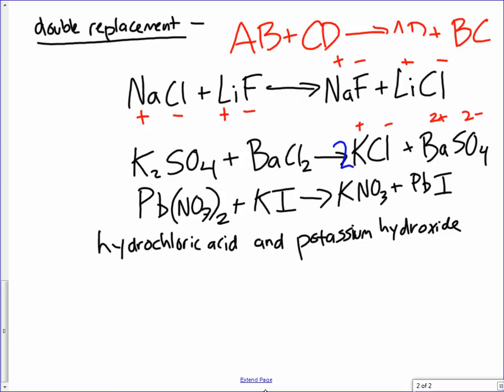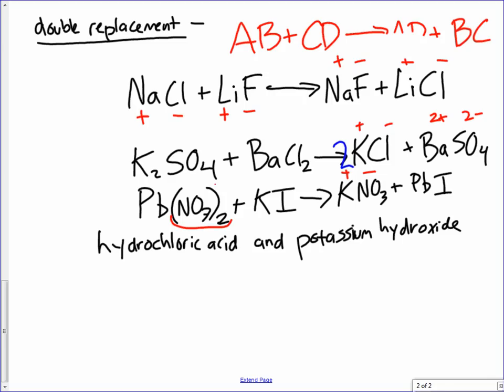Alright, so let's look at charges now. Potassium is a +1, nitrate is a -1. No subscript necessary. Lead, okay, lead is one of those that falls under the transition metal rule where you don't know the charge by looking at the periodic table. So we're going to have to look back at the reactants. So if we look back here, we've got 2 nitrates to balance out 1 lead.